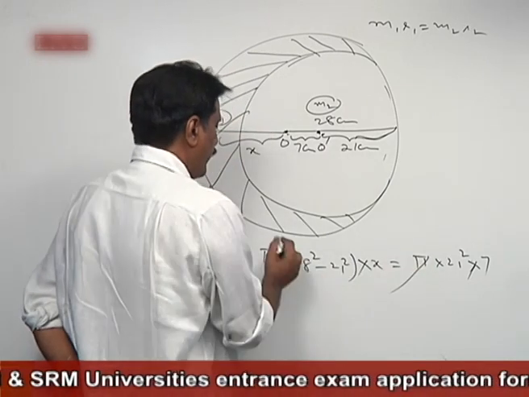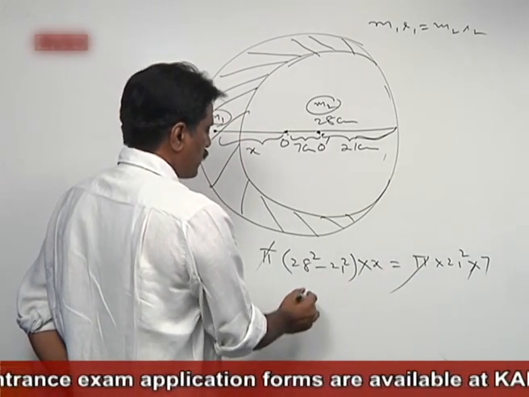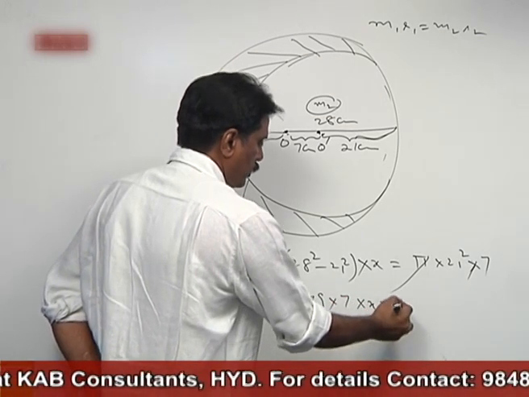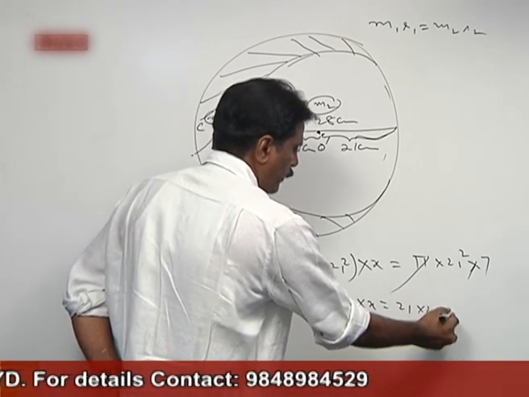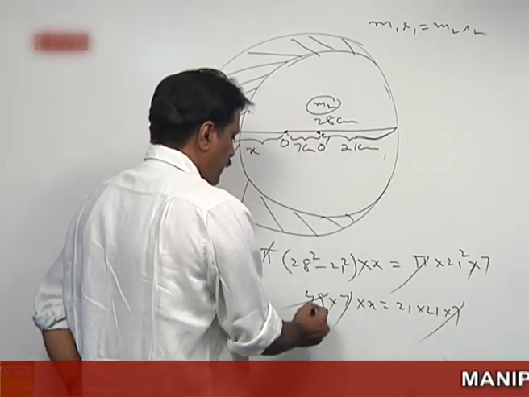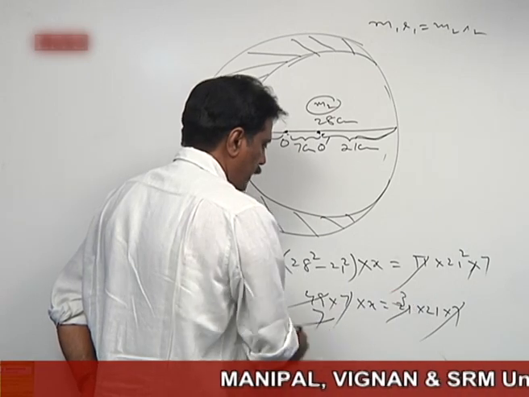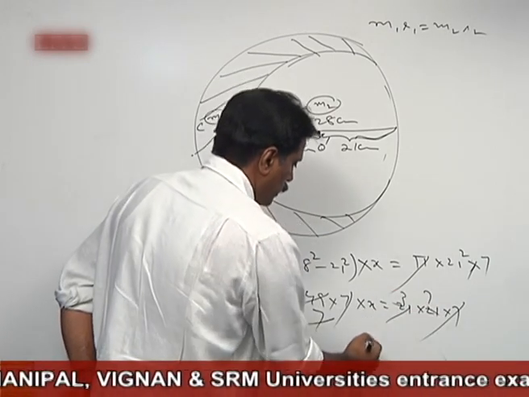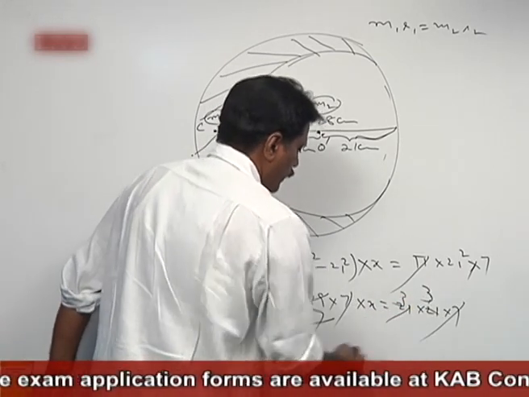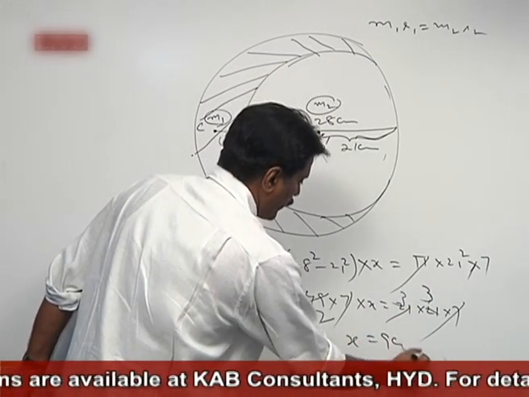Then pi gets cancelled. a square minus b square is (a plus b) into (a minus b), so 49 into 7 into x is equal to 21 into 21 into 7. 7 gets cancelled, 7 sevens, 7 threes. So, x is equal to 9 centimeters.